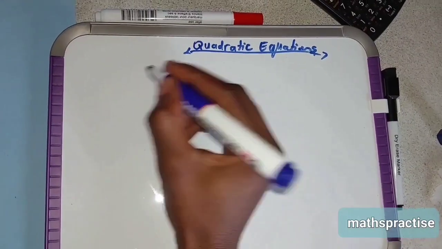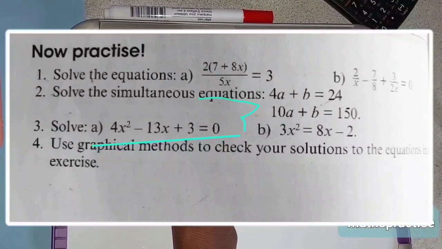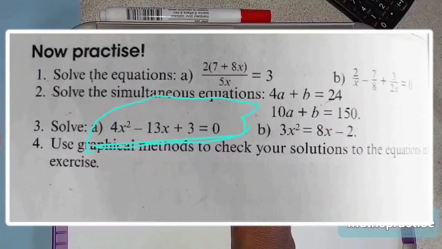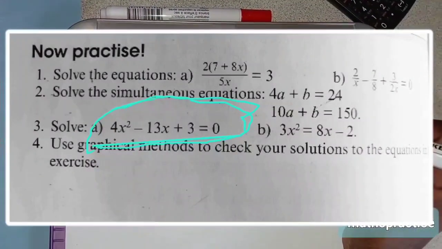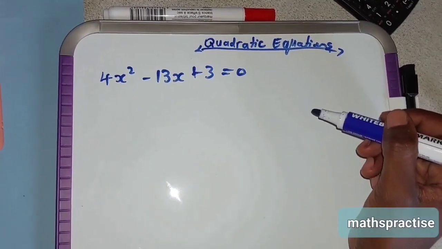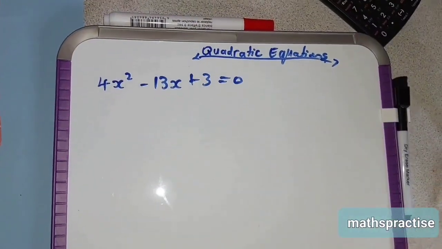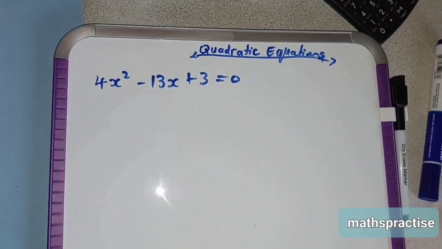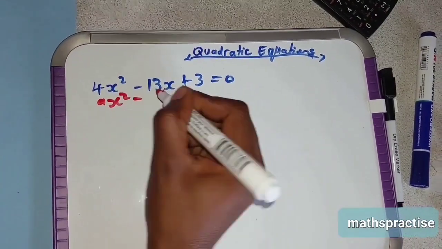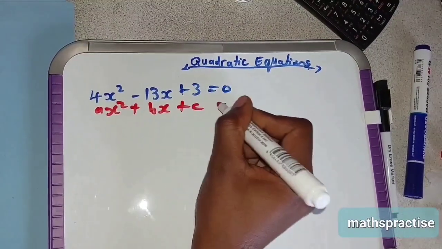So I'm given 4x squared minus 13x plus 3 is equal to 0, okay. So the first thing we notice is that this is already in the quadratic structure, because we have ax squared plus bx plus c is equal to 0.